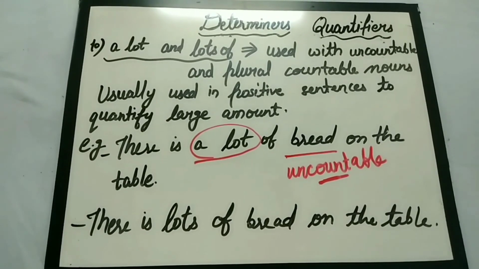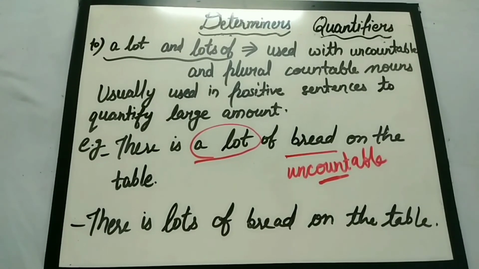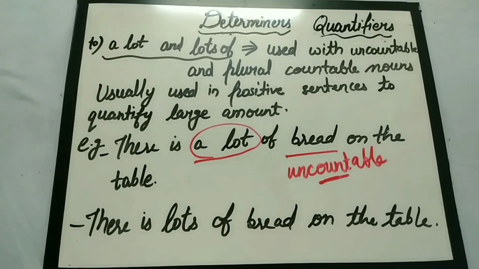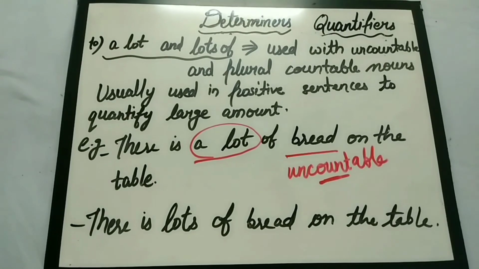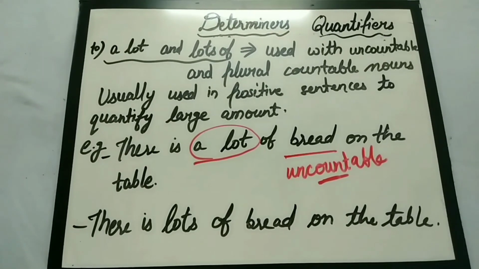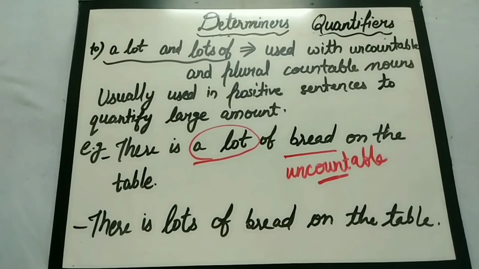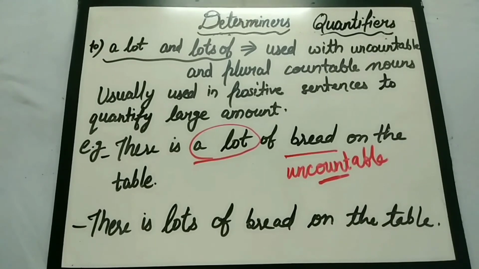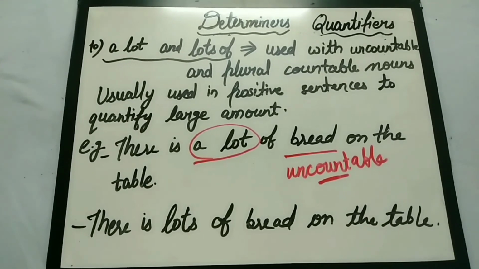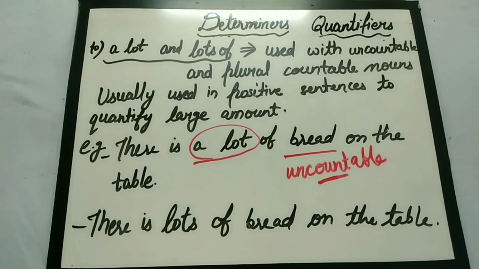They both mean the same exact thing. You can use a lot of with uncountable nouns and lots of also. Take one more example, there are a lot of windows in that house, or there are lots of windows. They both mean the same.